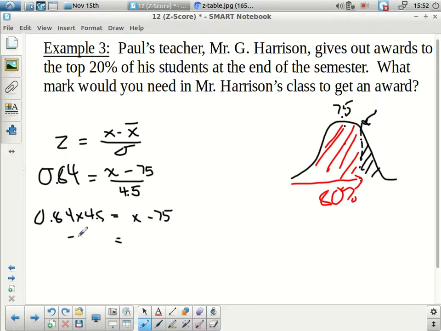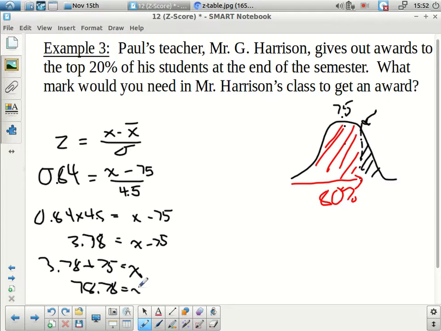Over here I get 3.78 is equal to x minus 75. We bring the 75 over, 3.78 plus 75. So I get 78.78 equals x. So there's my cutoff point for 80%, which is close to 79%.